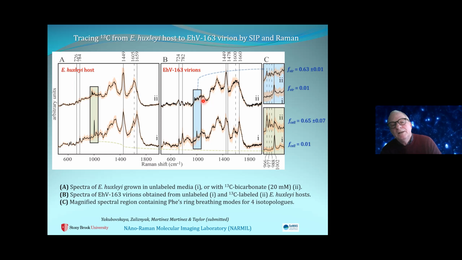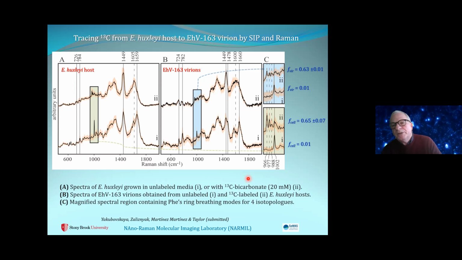We get peaks at 966, 977, 988. The upper panel here in C is the virus, and the virus shows the exact same pattern. So we've demonstrated with Raman that, as one would predict, the virus inherits the same isotopic signature as the host that produced them.